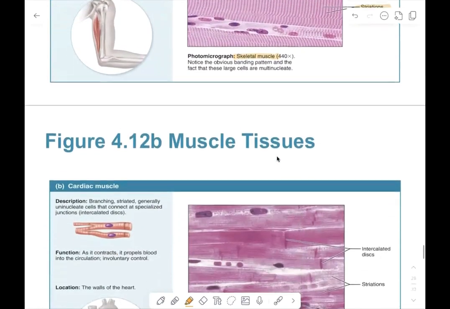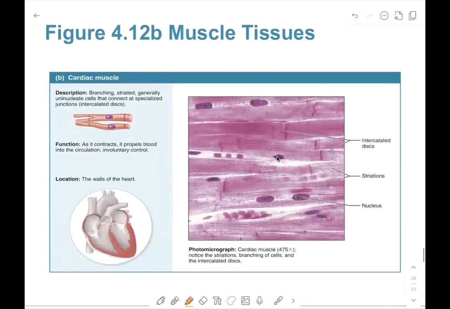The next type of muscle is cardiac muscle. And cardiac muscle is branched, striated, and it's usually uninucleate. Sometimes there are 2 nuclei, but it's connected by specialized junctions, which are called intercalated discs.